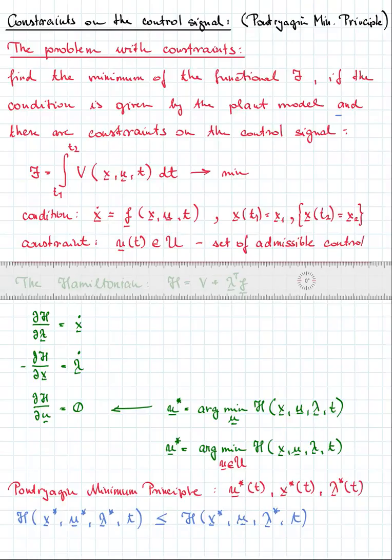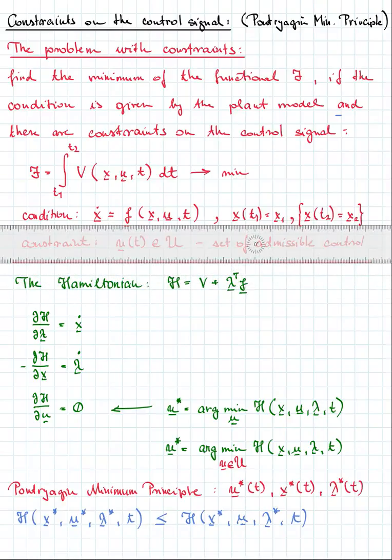And this is why Pontryagin introduced the Hamiltonian function H, which is equal to V plus lambda transpose f. And I just copied the three equations from the last video, the set of equations for the state, the set of equations for the co-state, and finally the control equation dH/du is equal to 0.